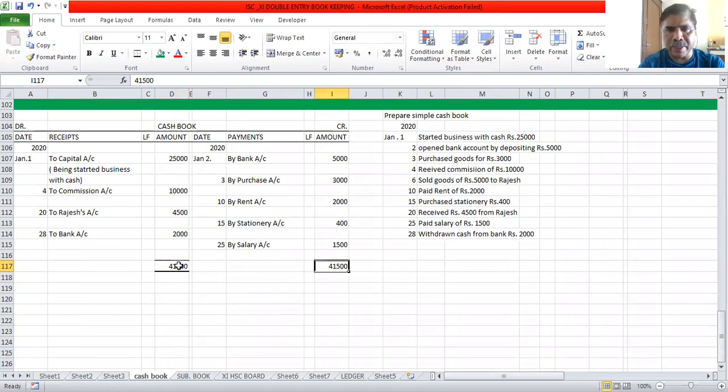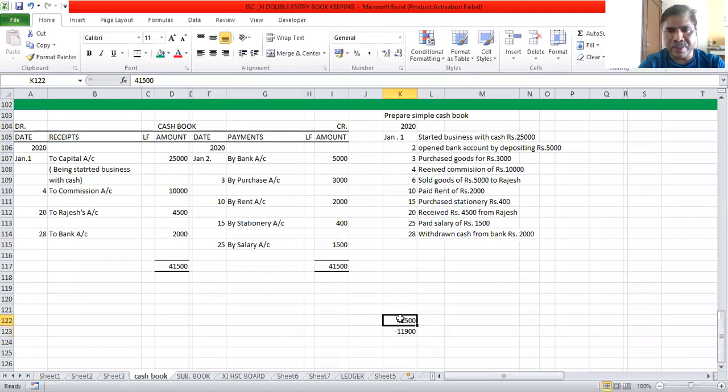How we do a ledger, correct? Understand? Yes, sir. Now we have to make a total of this. 5 plus 3, 8, 8 plus 2, 10,000 and 11,500 plus 400, 11,900. Am I right? Yes, sir. So 41,500 minus 11,900 you have to do.